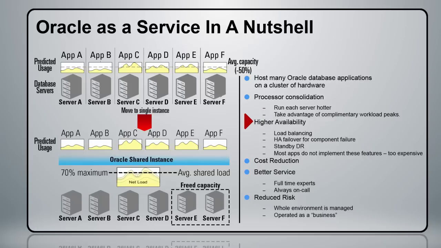They provide also higher availability because they can load balance. They have an HA failover for component failures, as we already discussed, and that's maybe specific to Commonwealth Bank of Australia. They use a standby DR, which can be part of the whole concept, but isn't necessarily part of the shared infrastructure as described in this picture in the background.